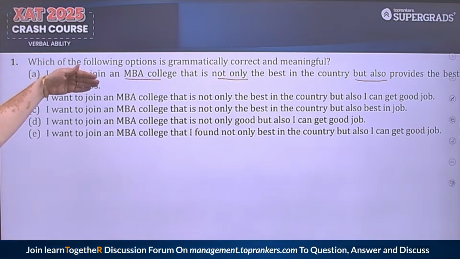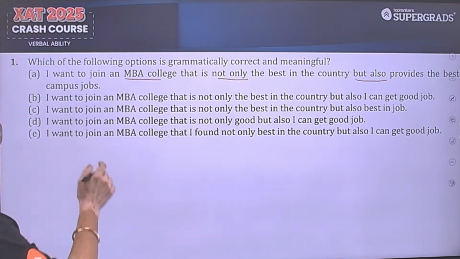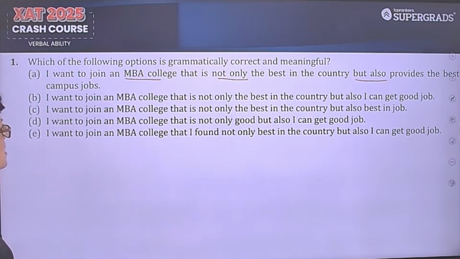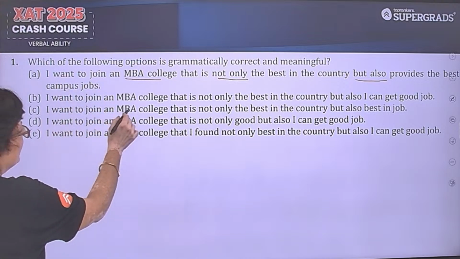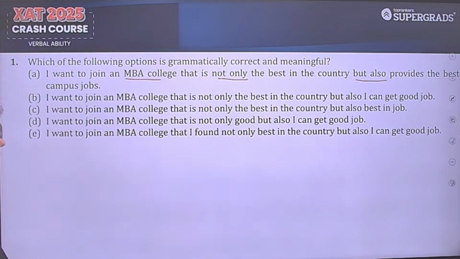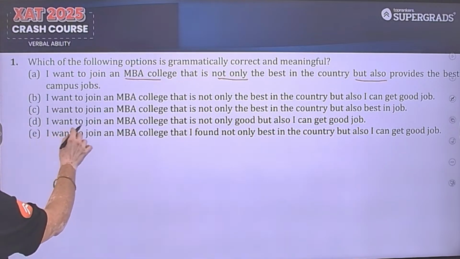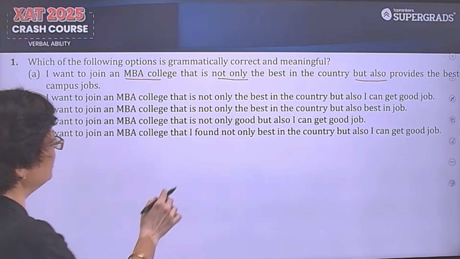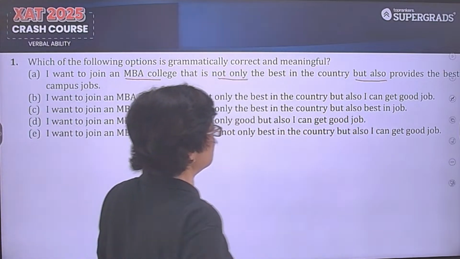Now look at all the sentences. You find that the first portion is in sync, similar to the rest of the sentences. It is common in all the sentences. I want to join an MBA college that is not only the best in the country, but also I can get good job. C, I want to join an MBA college that is not only the best in the country, but also best in job.